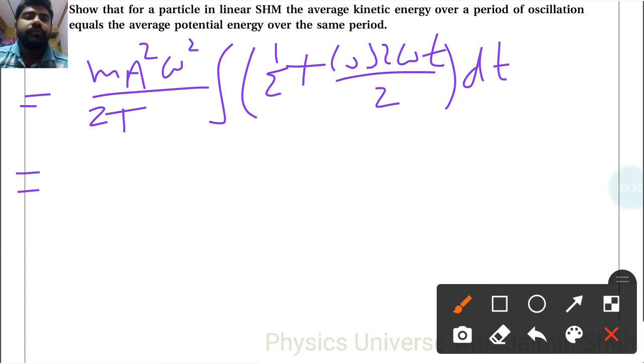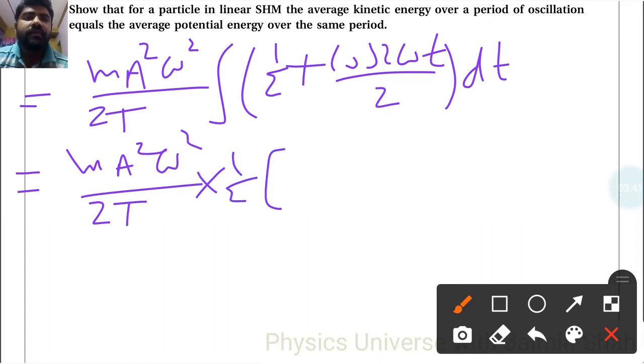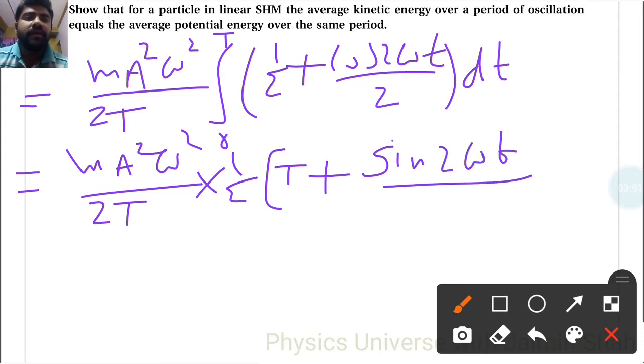The integration of 1 by 2 dt from 0 to T gives T, plus the cos function becomes sine, so sin 2 omega t upon 2 omega, with 1 by 2 common, with upper limit T and lower limit 0.